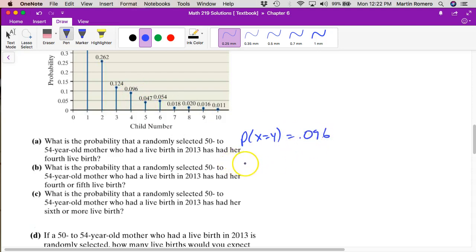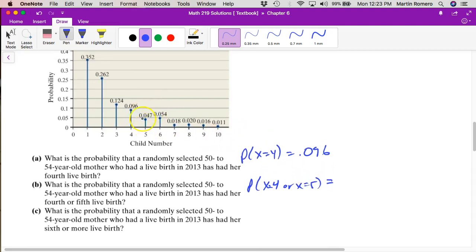Moving on to B, what is the probability that a randomly selected 50 to 54-year-old who had a live birth has had her fourth or fifth live birth? So this is the probability of x equals 4 or x equals 5. This is similar to what we did in chapter 5. Just add those two numbers up. 0.096 plus 0.047.